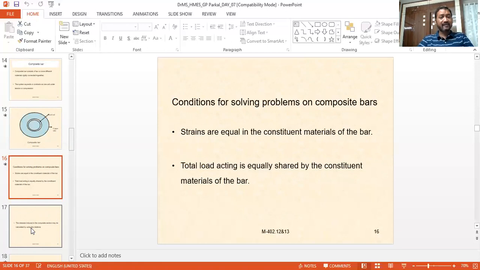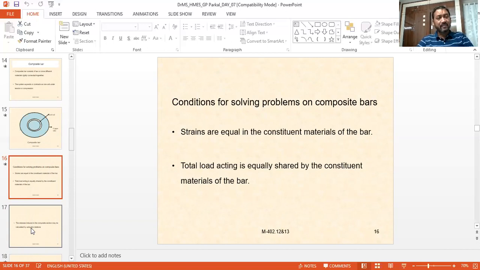So in this case, this bar is made up of two materials. Therefore, the strain produced in the steel and the strain produced in the copper are one and the same, both are equal. That is the first condition.